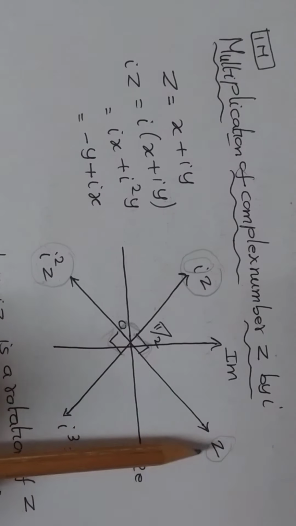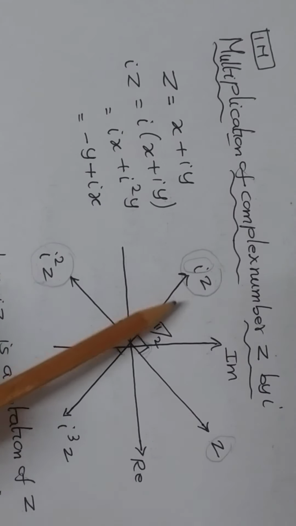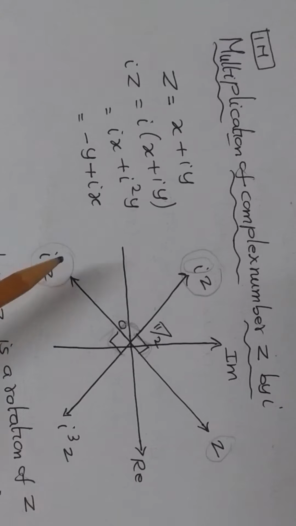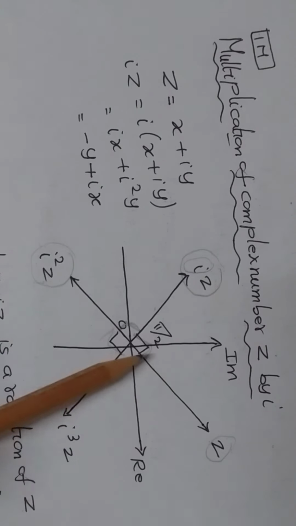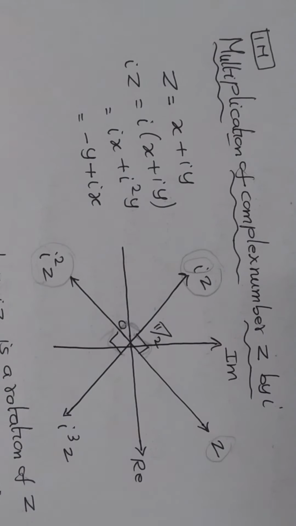First z is here, multiplied by i it rotates 90 degrees and comes here, again multiplied by i it rotates another 90 degrees, and again another 90 degrees. So every time 90 degrees it is rotating. This is rotated by 90 degrees, again this one by 90 degrees, this one 90 degrees, again this one also 90 degrees, because again if you multiply with i, z only will come. So first quadrant becomes second quadrant, then third quadrant, then fourth quadrant.